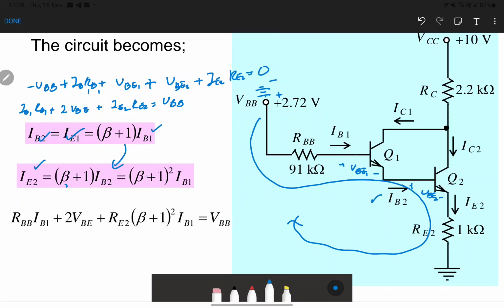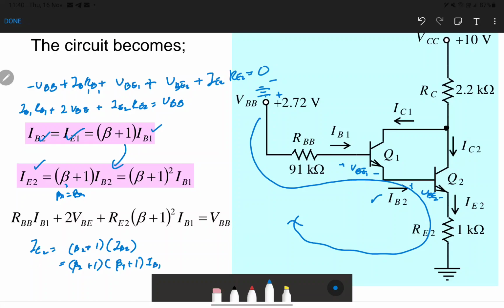Since beta 1 and beta 2 are equal, by replacing this we can say that IE2 is equal to beta 2 plus 1 times beta 1 plus 1 times IB1, right?